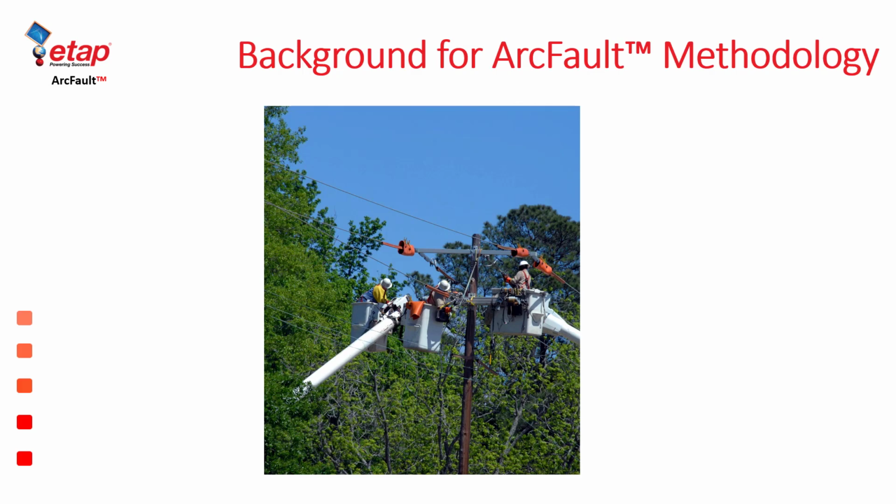These boundaries are the distances at which the incident energy is approximately 1.2 to 2 calories per centimeter squared, or even higher. And this, of course, depends on the arc rating of their personal protective equipment.